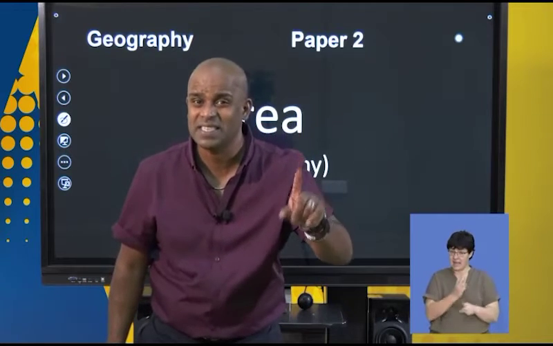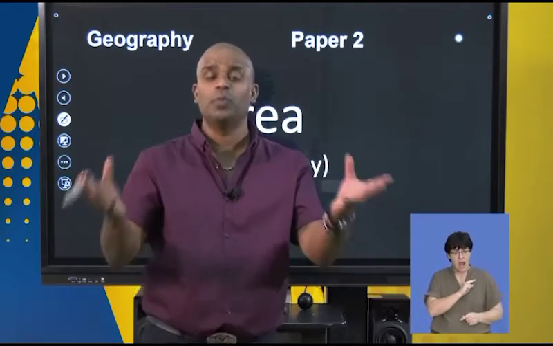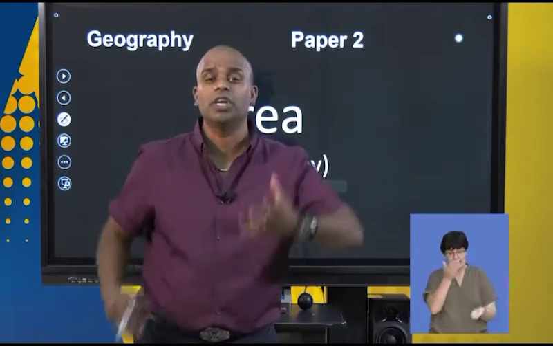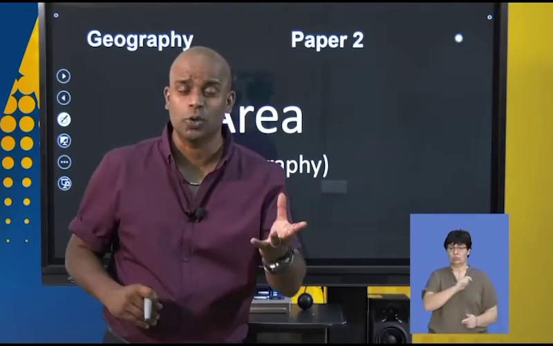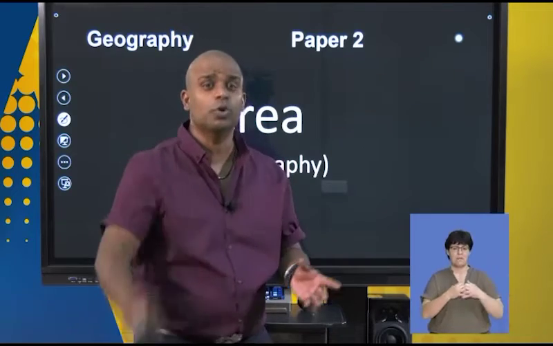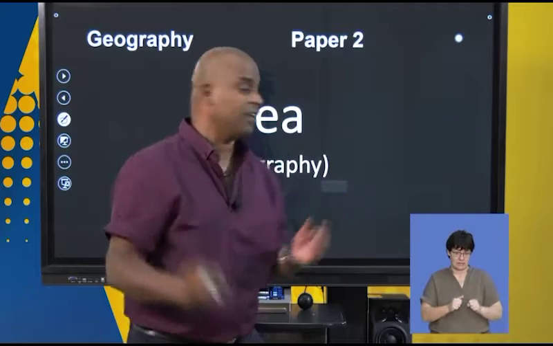Because we are using maps, we're working with scales, and we've got to ensure that these standardized measurements are scaled according to how we would want to represent them in reality. So let's look at the types of questions you will get in Geography Paper 2, question 2 from previous exams on area.